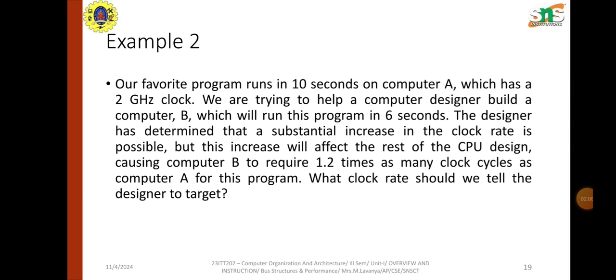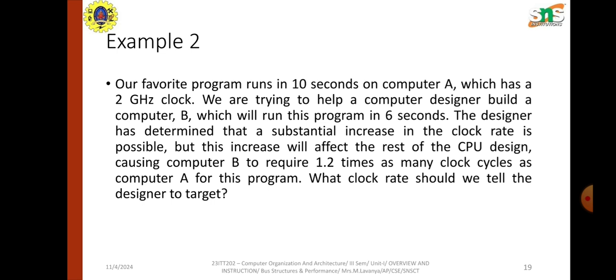In this, a program runs for 10 seconds in a computer A with a 2 GHz clock, and we are helping the designer to construct a system B which will run the same program in 6 seconds, comparatively 4 seconds faster than the previous existing system.